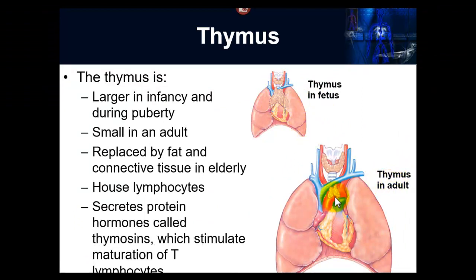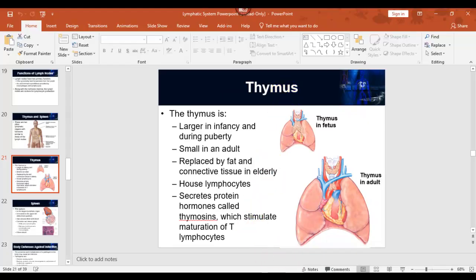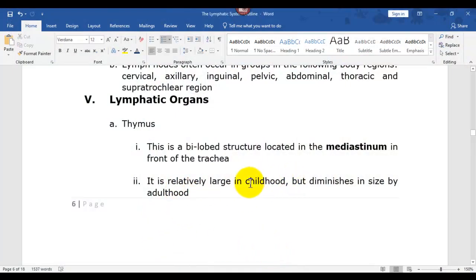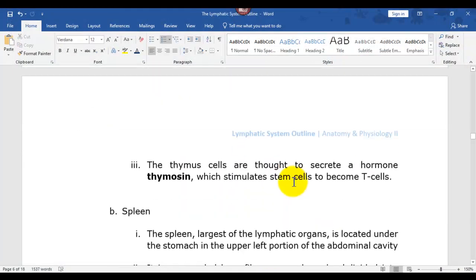And then thymus of an adult. See? It's that little bitty area right there. We covered this in the endocrine system. The thymus produces a hormone called thymosin, and that's what causes a lymphocyte to become a T cell. It causes it to differentiate and mature. So it's an important organ. Large in childhood, diminishes in adulthood.